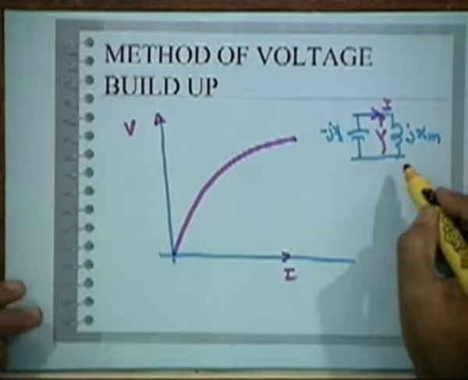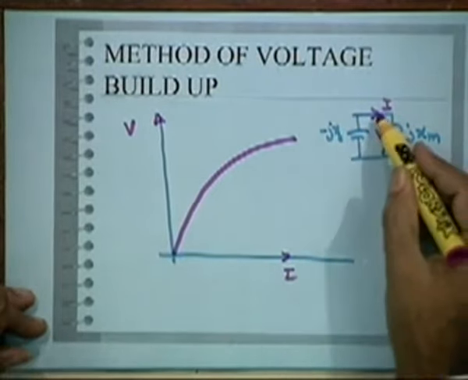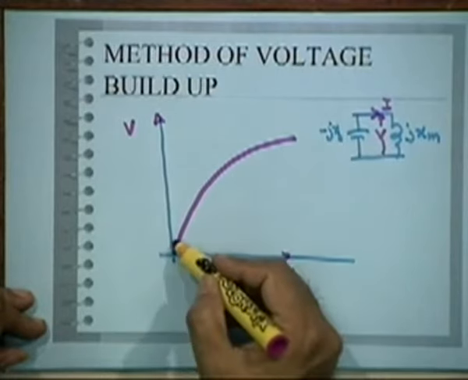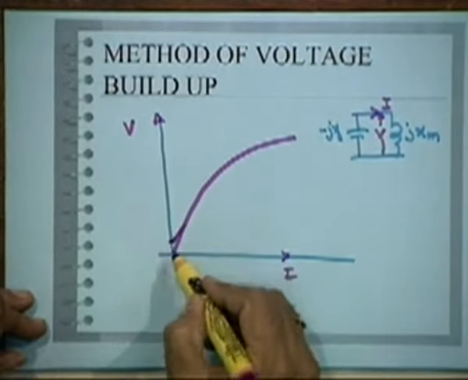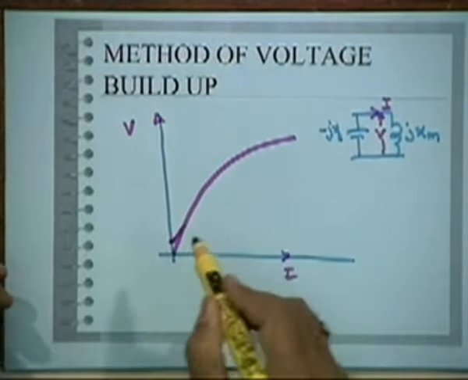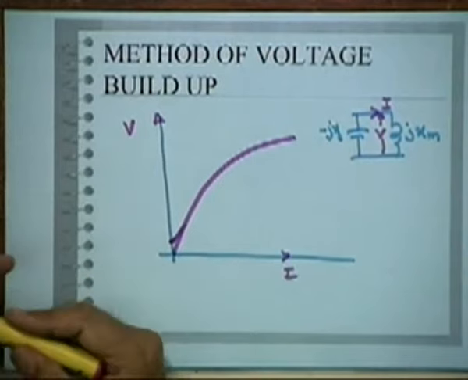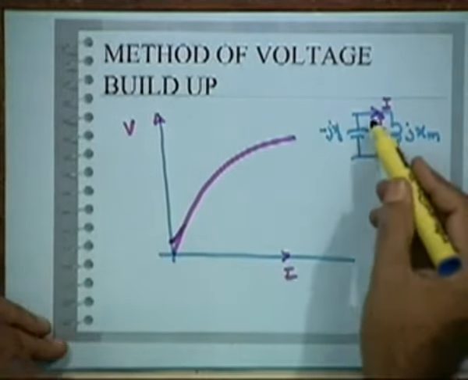And then at the terminal you connect a capacitor, okay, and it will be like that, but there will be some residual voltage. So even at 0 current there will be some small voltage when it is running. So then what will happen? A small current will flow.